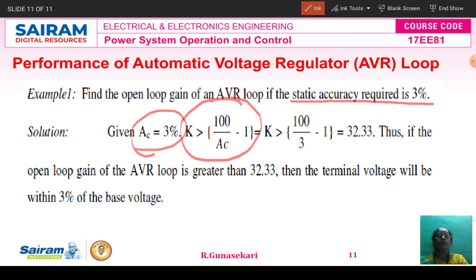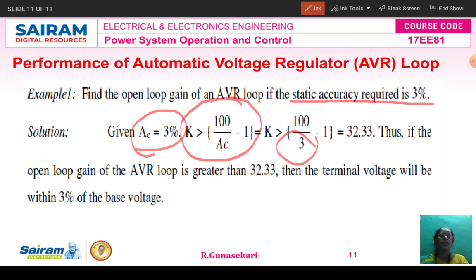Now you have to substitute 3% in place of AC. Because AC is already represented in terms of percentage, don't put AC equal to 3 divided by 100; AC equals 3 only. So K is greater than 100 divided by 3 minus 1.